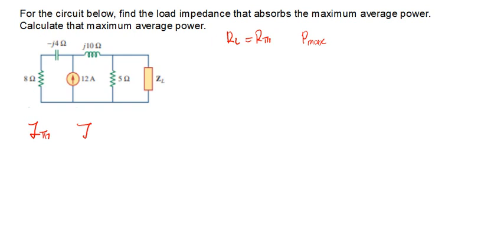Matching these two is really going to give us that maximum power. Once again, as a result, if you have maximum power, we are going to minimize energy loss in that particular circuit.